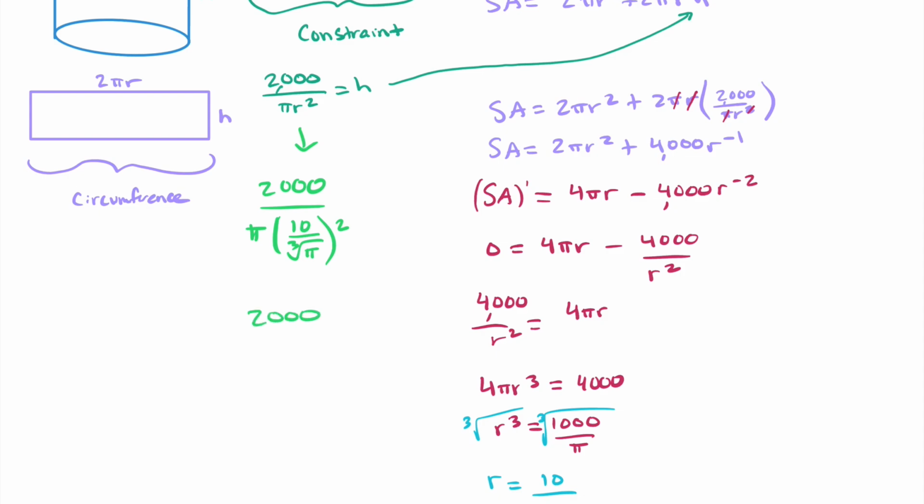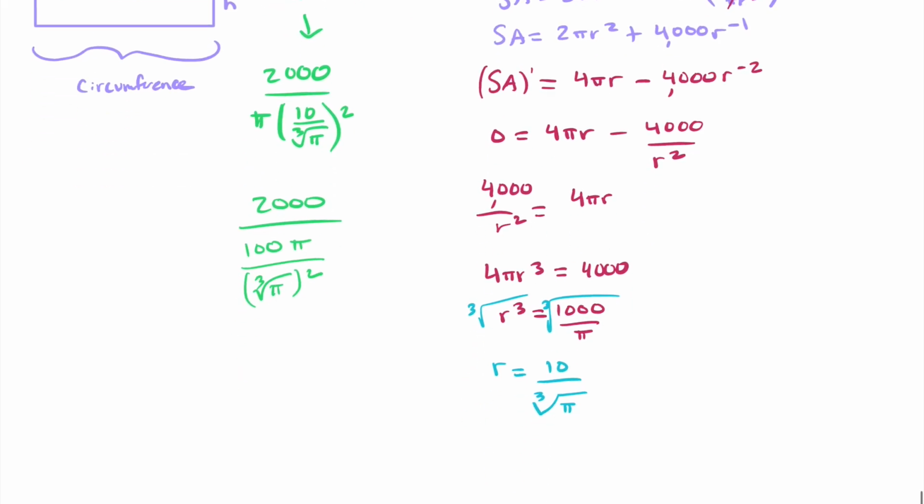So 2,000 over 100, this is pi all over the cubic root of pi squared, which can end up in the denominator here. Well, let's see, hold on. We have 2,000. Let me clean this up.